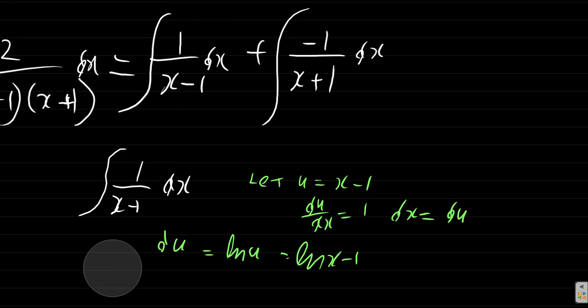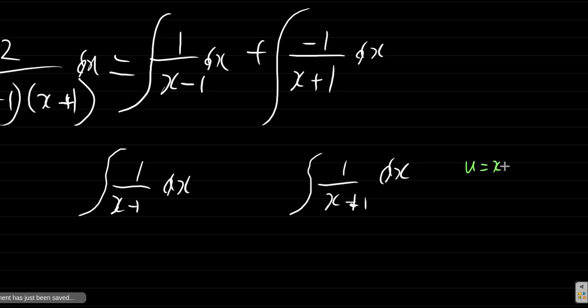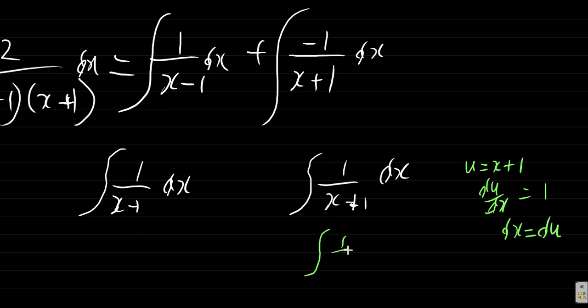What we're going to have here is the integral of 1 over x plus 1 dx. So if you do it by substitution, you can say let u be equal to x plus 1. du by dx is going to be 1. So dx is du over 1, which is just du. So it's the integral of 1 over u du, right? Which is ln u. But plus c.